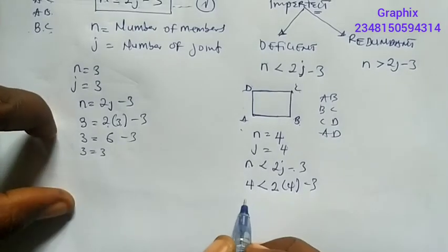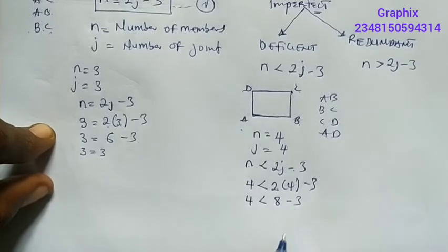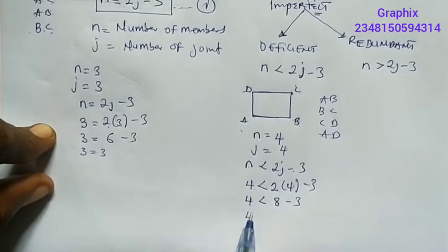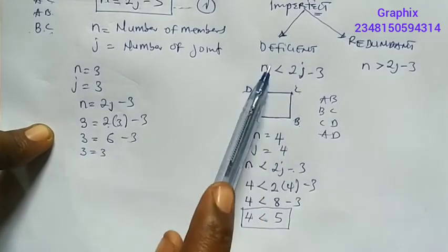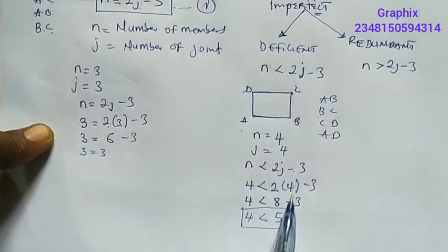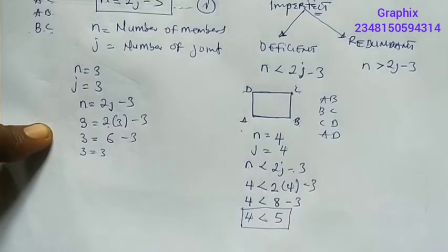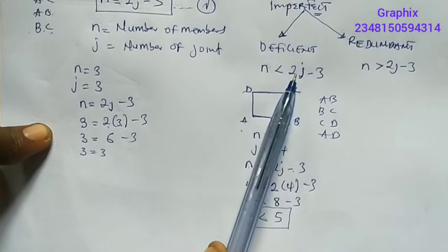So 4 is less than 8 minus 3. 8 minus 3 is 5. So we see that the number of members, that is n, is less than 2j minus 3. So you see this frame is deficient, because it satisfies this condition.